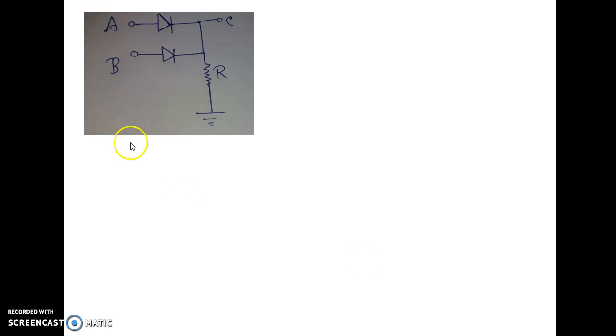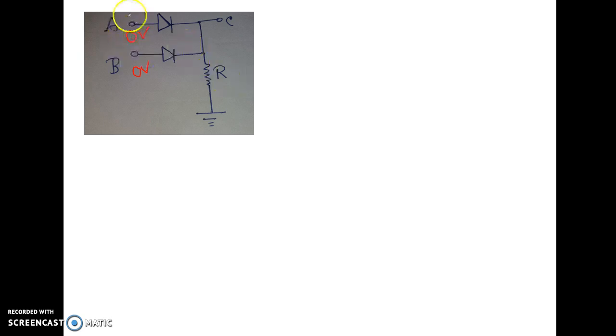I will explain why. This is the same circuit diagram I showed in my previous slide. Now let us consider the four different cases for the two input OR gate. Let us consider the first case, when A equal to 0, B equal to 0. When both inputs are 0, what will happen? Suppose A is 0 volt, B is also 0 volt.